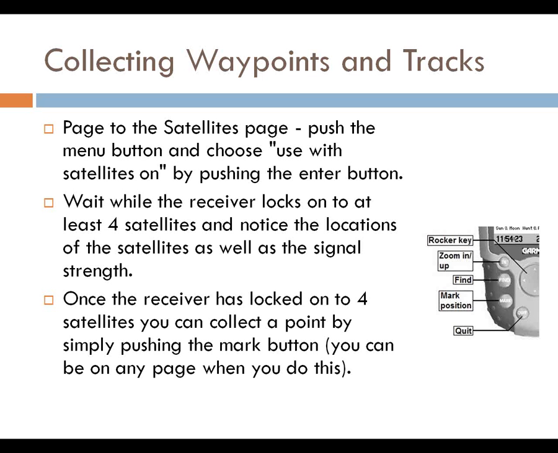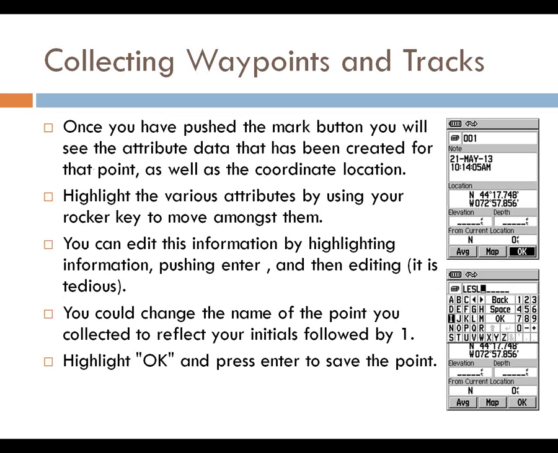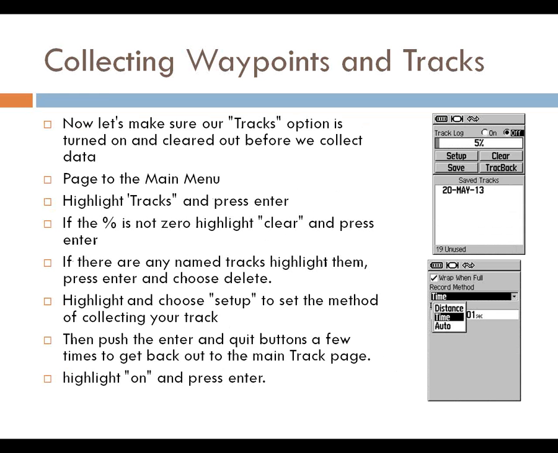It's usually a good idea to at least give it a name or a number or something that's meaningful, or if it is assigned a number and you don't feel like editing it, write it down so that you know point number 001 was when I was standing by the big tree, whatever. And then you make sure to click OK or save at the end of that process, and you've now saved the point. So that's the really quick version of collecting waypoints.